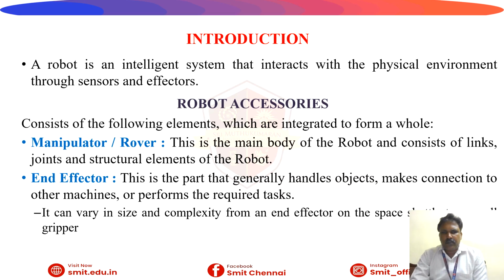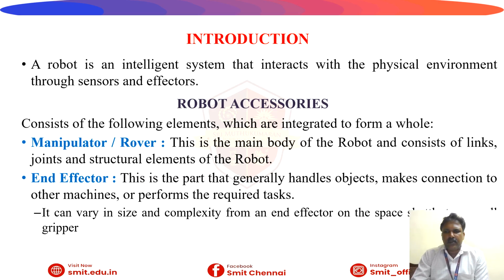The important thing is, it consists of the following elements which are integrated to form a whole. First, the manipulator, another name for which is rover. This is the main body of the robot and it consists of links, joints and structural elements. Then the end effector, which generally handles objects, makes connections to other machines or performs the required task.